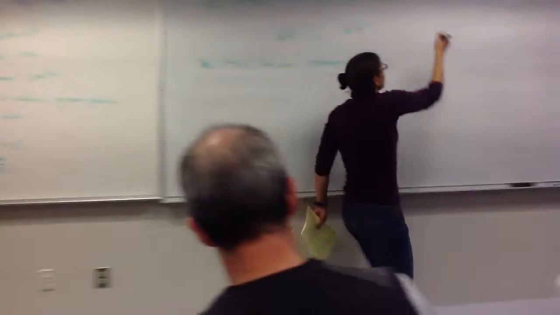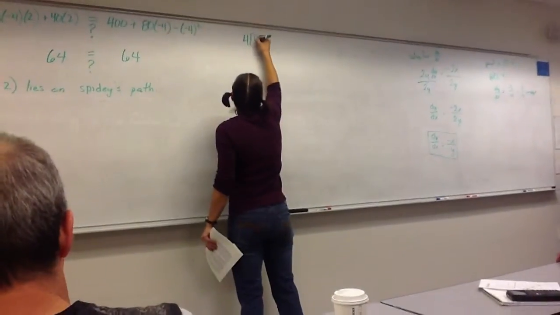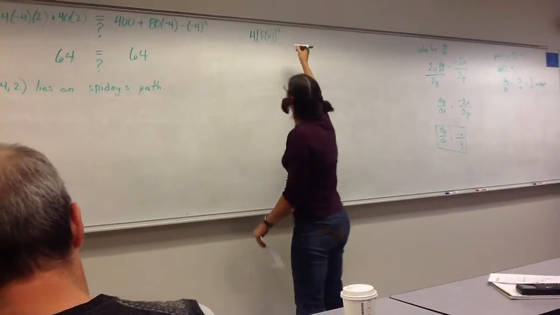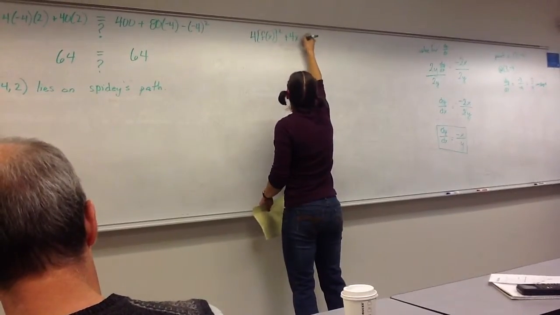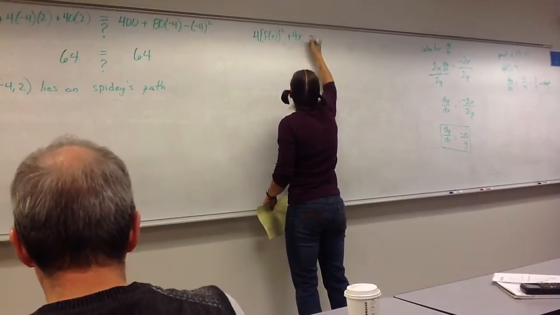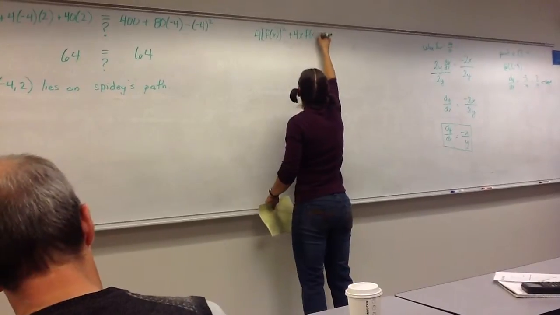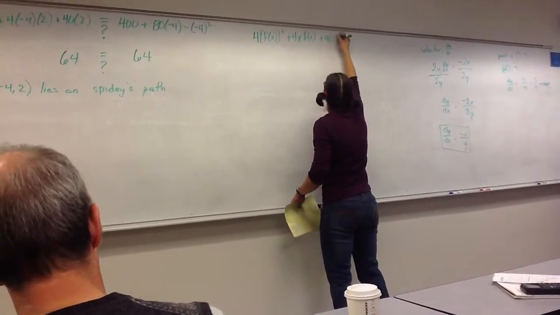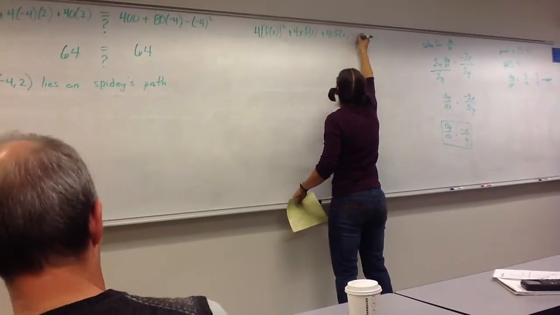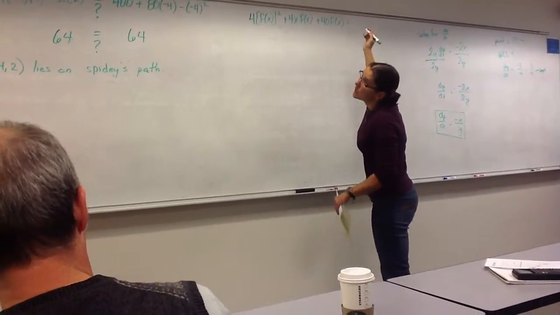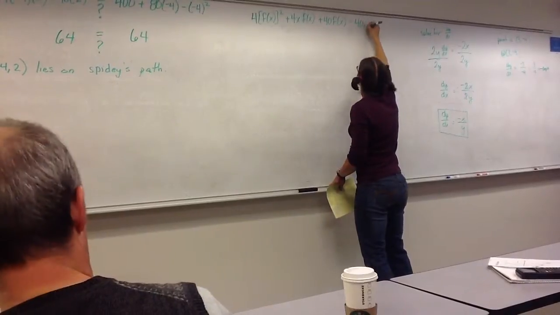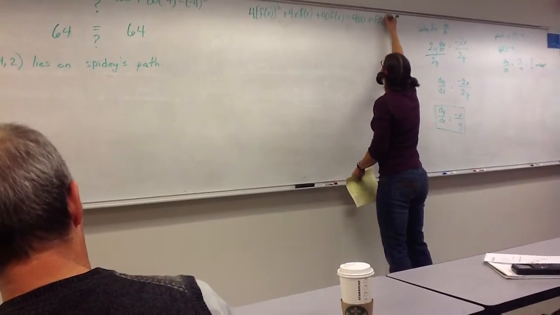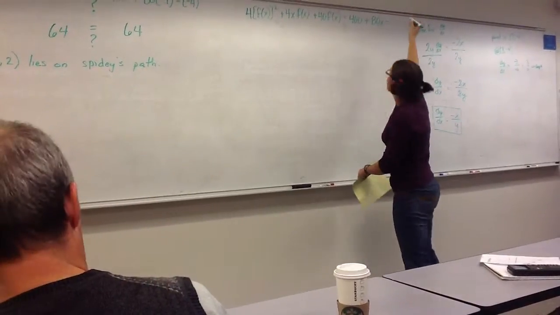So we've got 4 times f of x squared, plus 4x times f of x, plus 40 times f of x, which is equal to 400 plus 80x minus x squared.